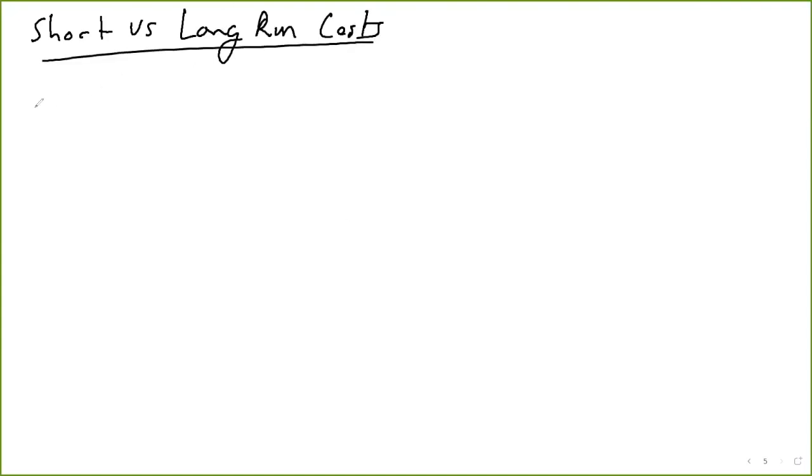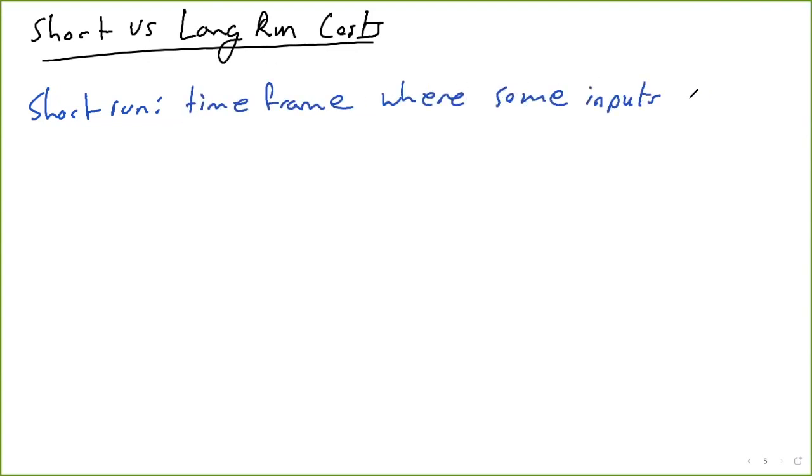So we have one more type of cost, or one more distinction we can make between costs, and that's going to be short versus long run cost. So in economics, we define the short run as the time frame where some inputs are fixed. So for example, if you're renting a building to run your business, the short run is the amount of time that has to pass before you can change your rent payment.